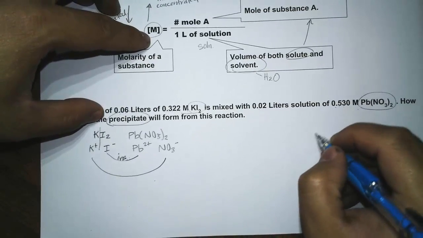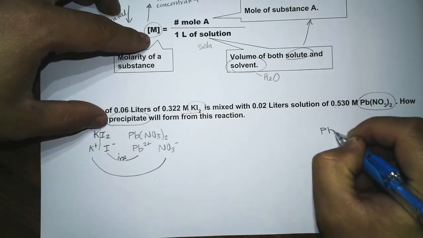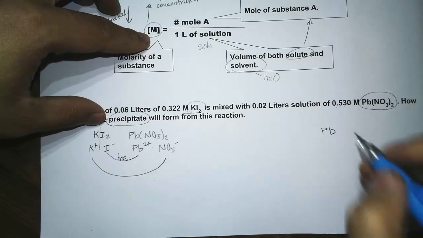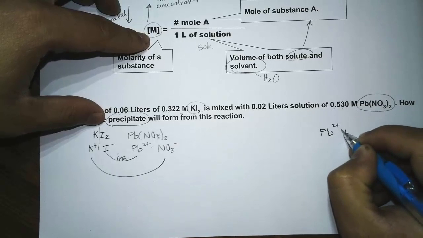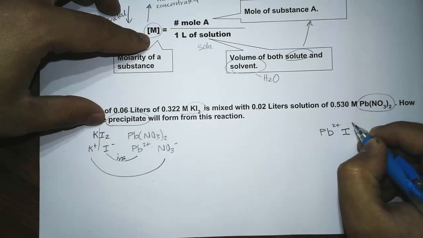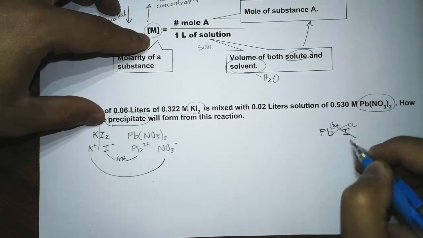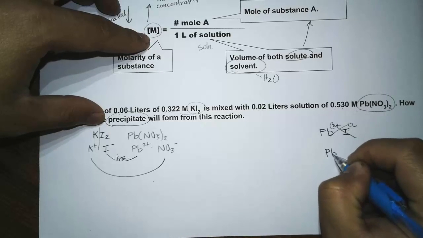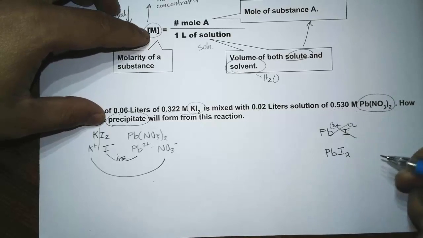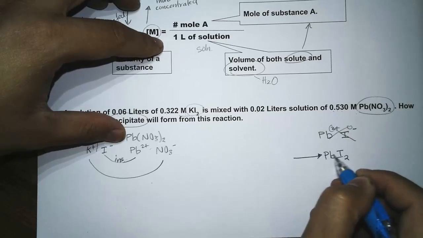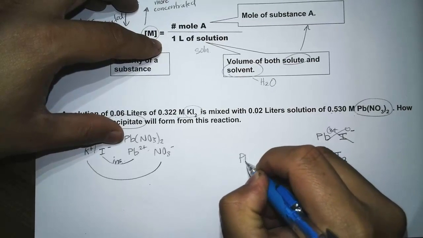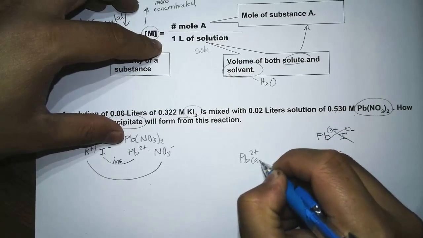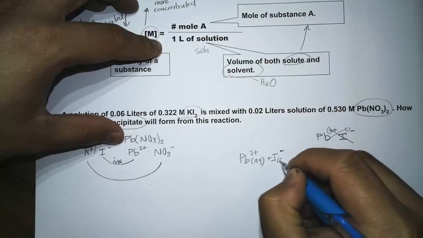So our precipitate in this case is Pb, which is 2+. Keep that in mind, Pb2+, and we have iodide, I-. So we have to crisscross to determine the compound. In this case, it's going to be PbI2. Of course, we have to think backward to determine what the reactants are going to be. It's going to be Pb2+ in aqueous state, and we have iodide also in aqueous state.